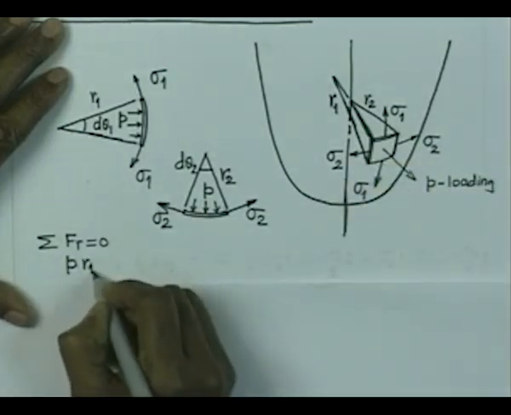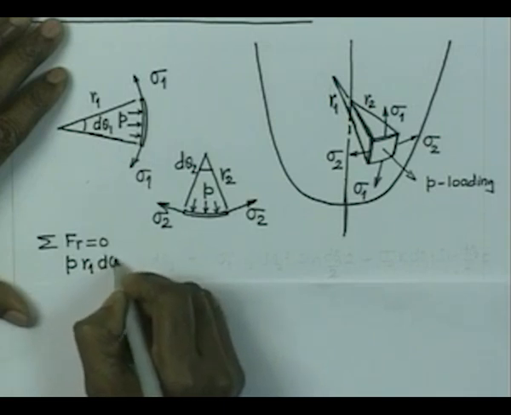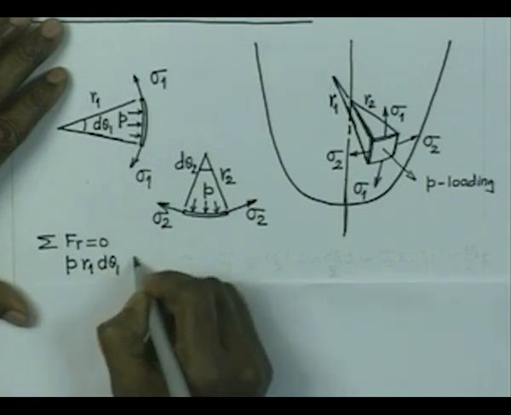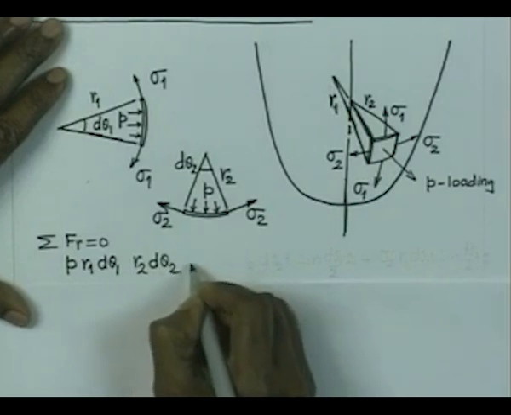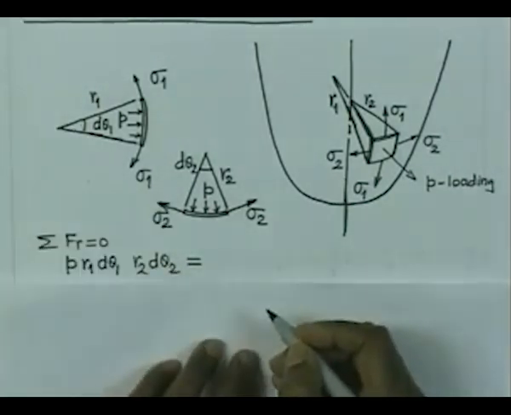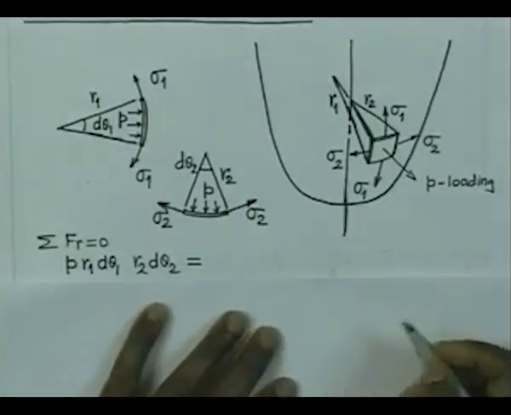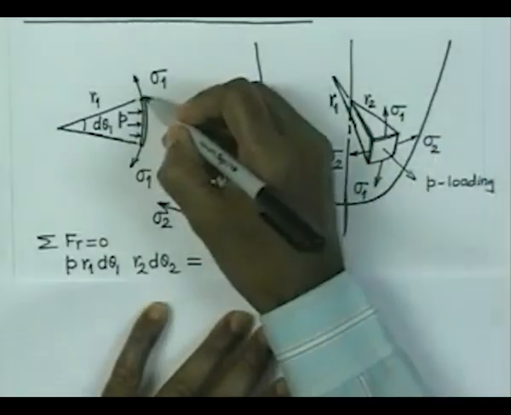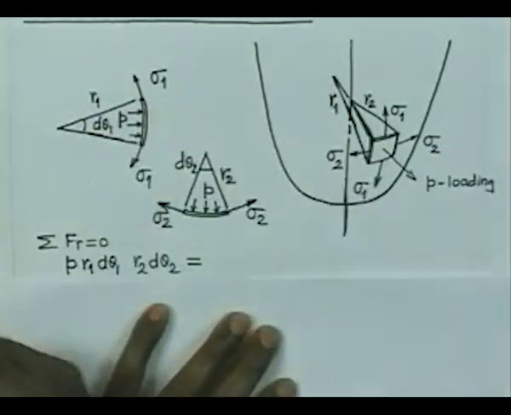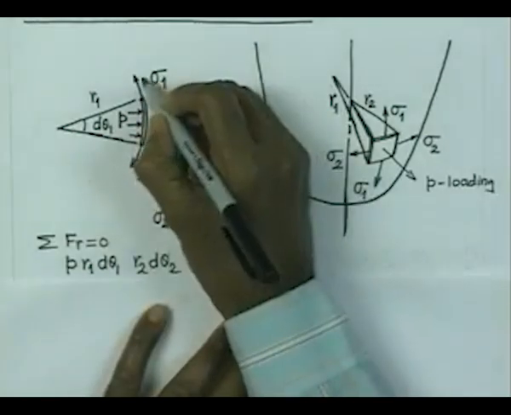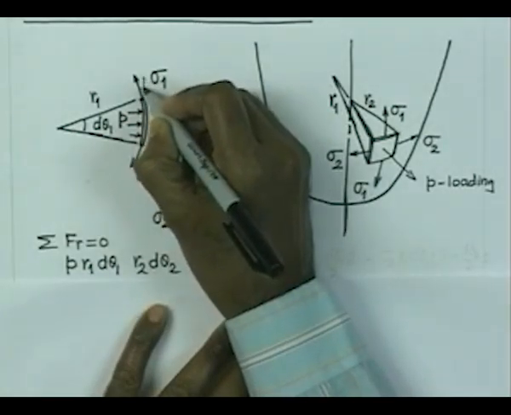So, therefore, we have P into R1 d theta 1 R2 d theta 2 as if it is a rectangular area. So, that is the radially outward load, and it is counterbalanced by the component of these towards the center. So, therefore, this angle is d theta 1 by 2.